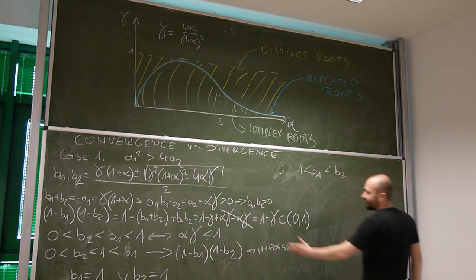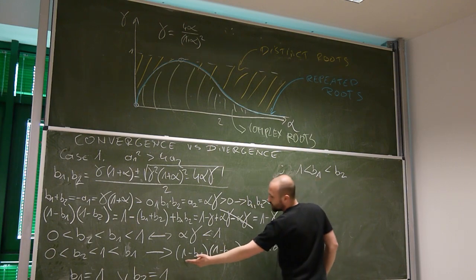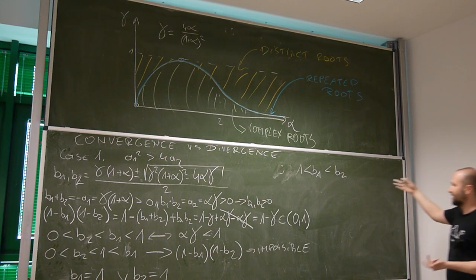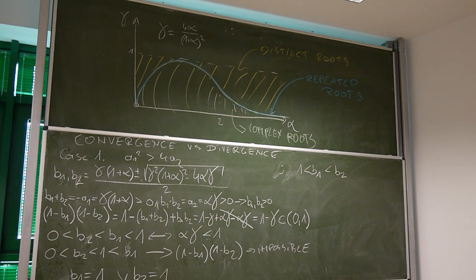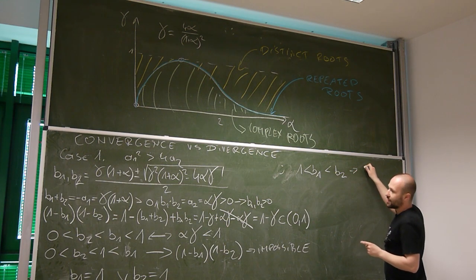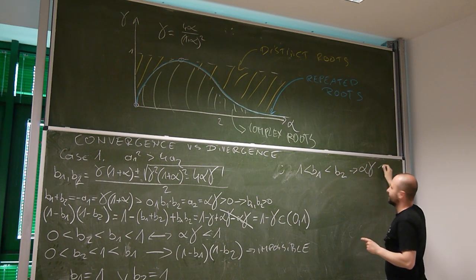We still can have a case where here we get two negative numbers between 0 and 1, and as a result we obtain a number between 0 and 1. But in this case, for sure, we will have alpha times gamma, which is bigger than 1.